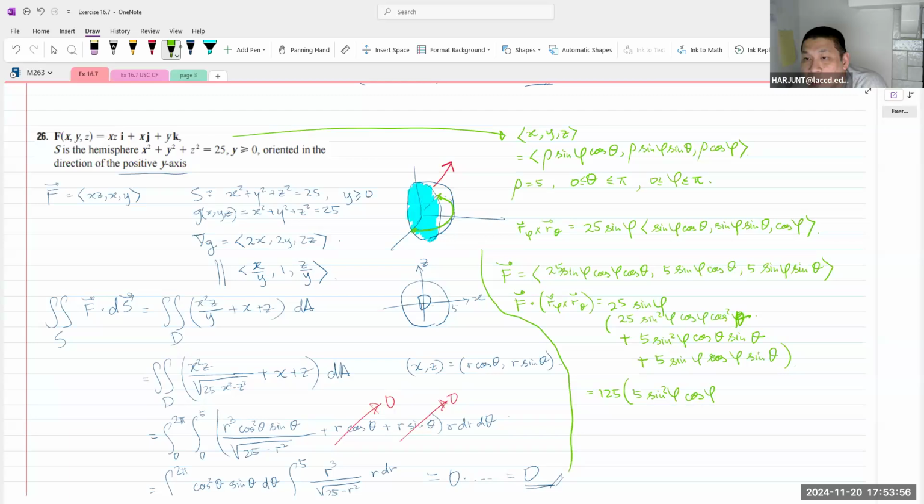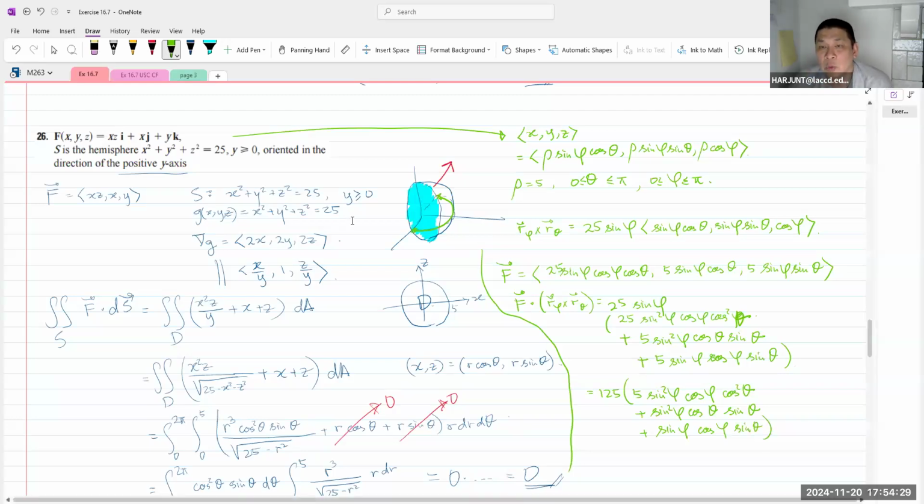Cosine phi cosine squared theta plus sine squared phi cosine theta sine theta plus sine phi cosine phi sine theta.